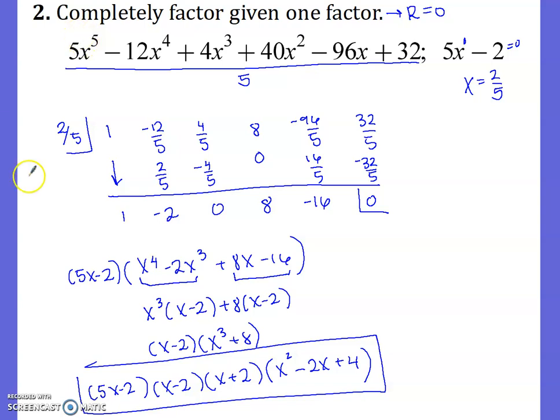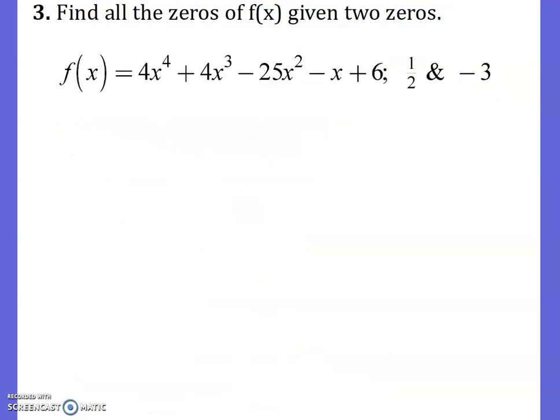Now something we can do that's similar to this is use synthetic division to find all of the zeros. This time they gave us 2 zeros, so we're going to do synthetic division twice. I'm doing synthetic division with a 1/2. Remember, this 1/2 came from a 2x minus 1.